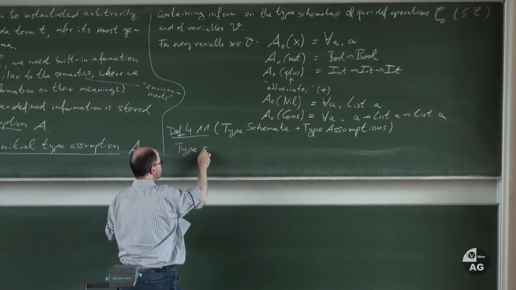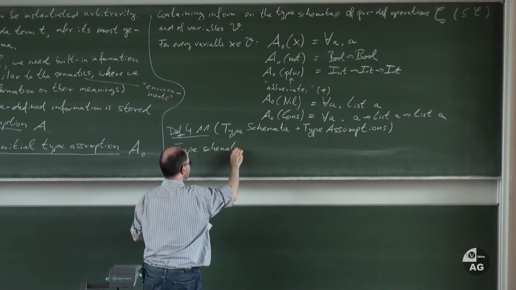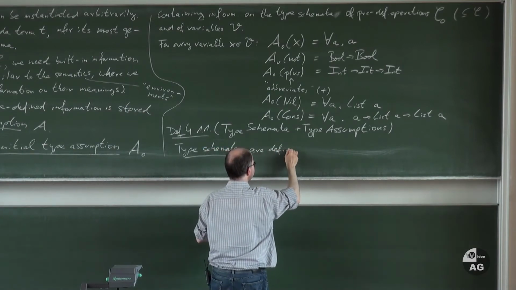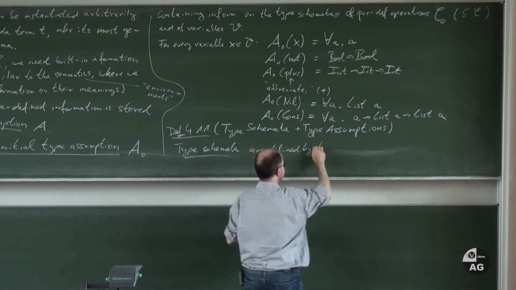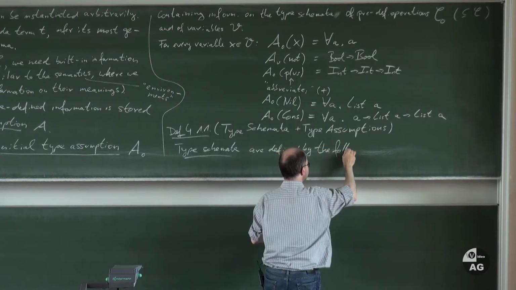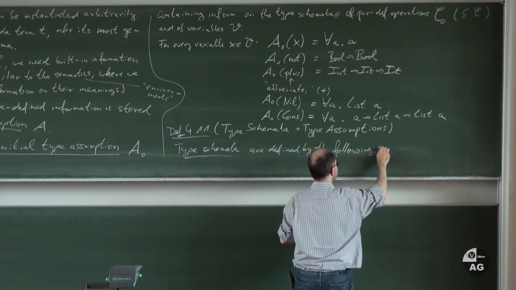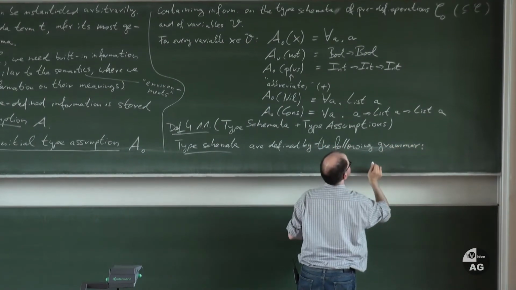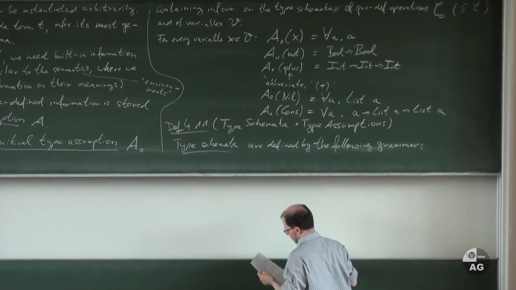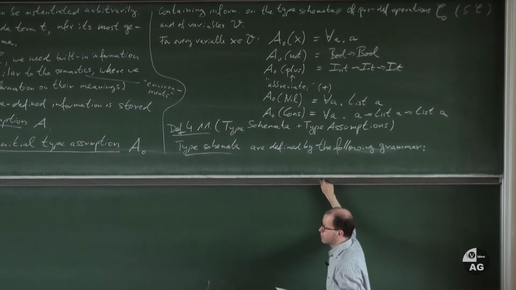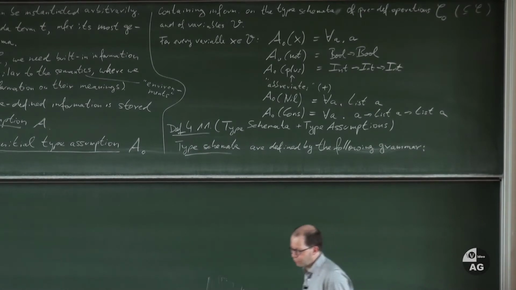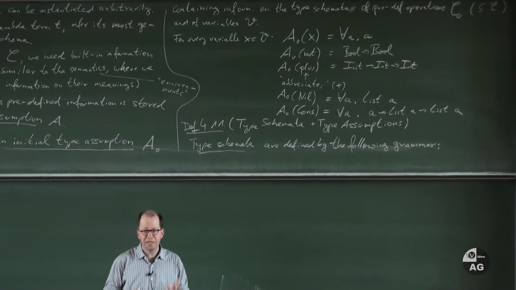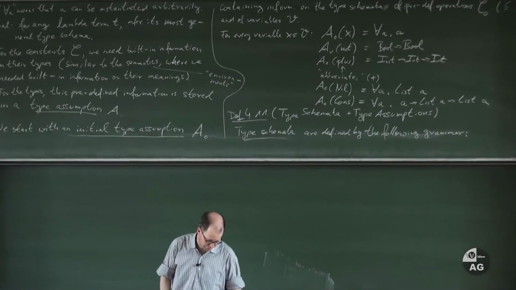Type schemata are defined by the following grammar. And this is almost the same as the definition of types. Because the only difference between a type schema and a type is that a type schema is a type, but in addition, you may also have quantifiers. That's it.